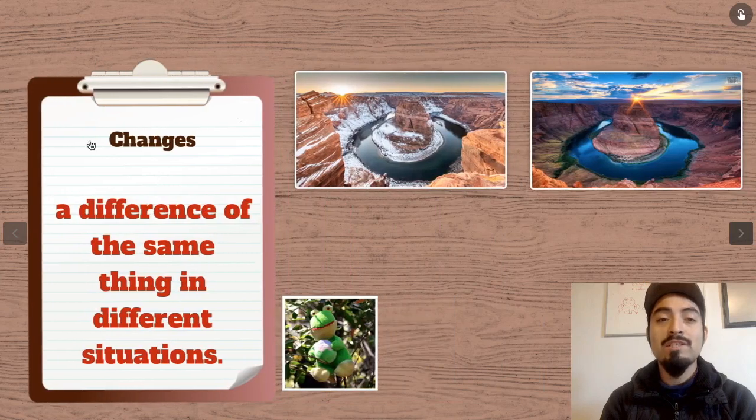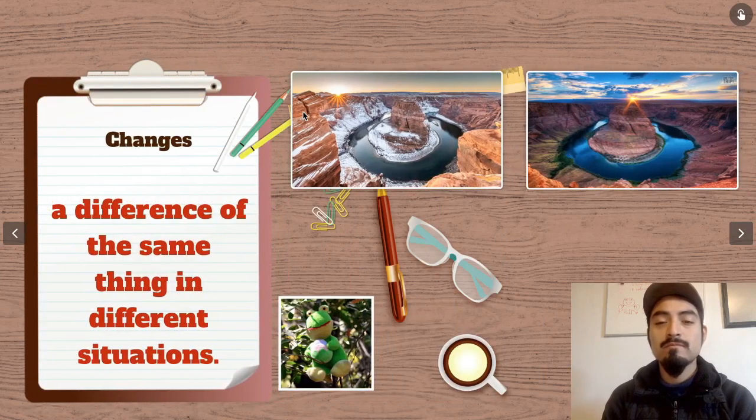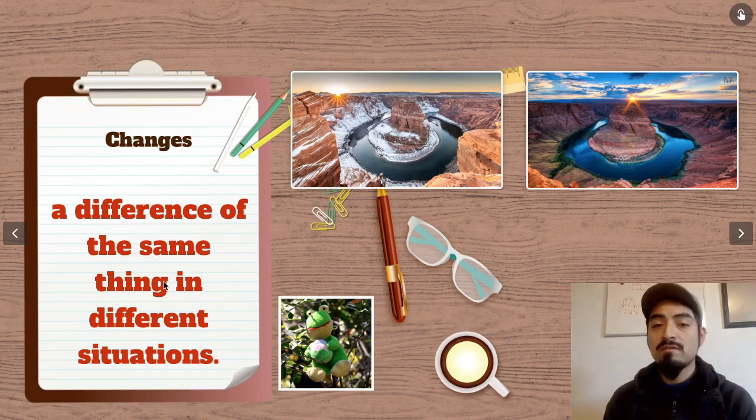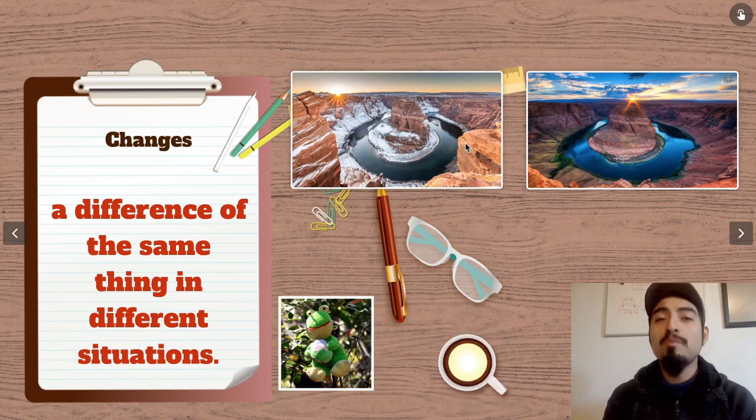Now, let's talk about changes. Do you remember what a change is? A change is a difference of the same thing, but in different situations. Do you remember this place? If not, I will tell you. This place is called the Horseshoe Bend in the state of Arizona in the United States.